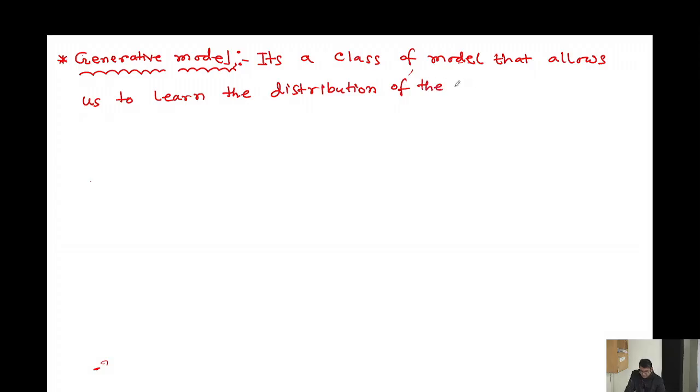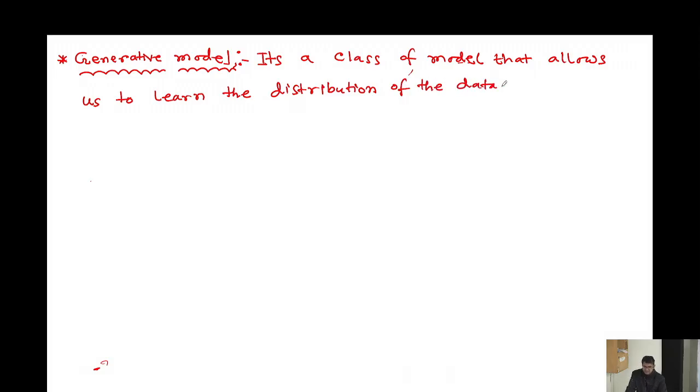Now, when I write it's a class of model, you should read it's a class of machine learning model, that allows us to learn the distribution of the data.